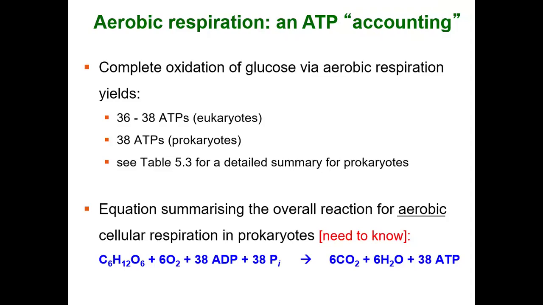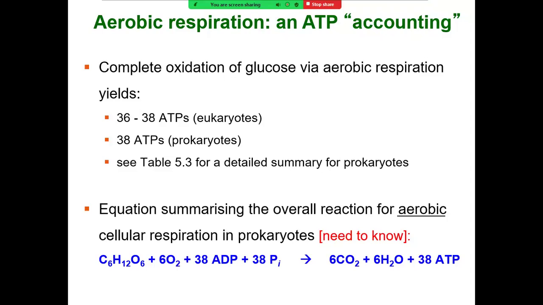Let me briefly talk about eukaryotes. Most of the cells of your body can only generate 36 ATP molecules per molecule of glucose. However, the cells in your heart, your liver, and your kidney can generate 38 molecules of ATP per molecule of glucose.